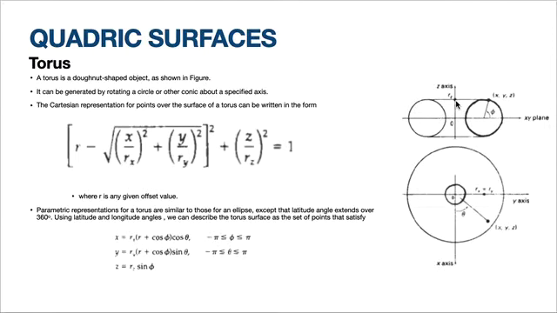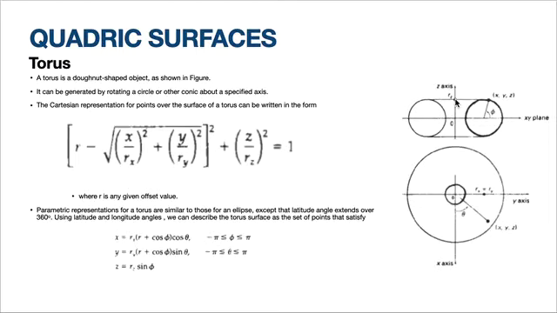Okay, you have three values rx, ry and rz along x, y and z axis.